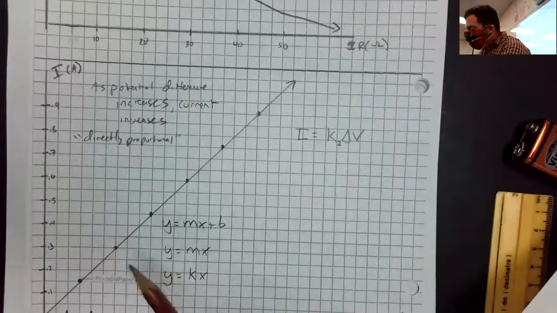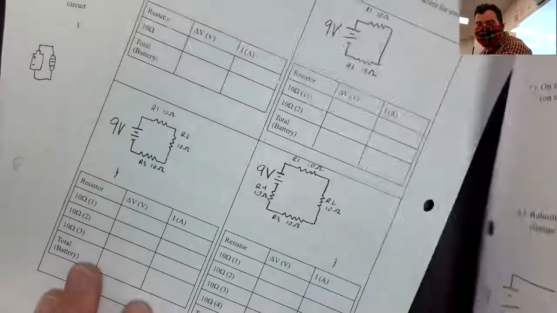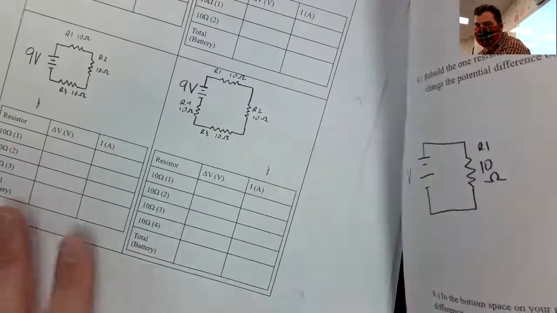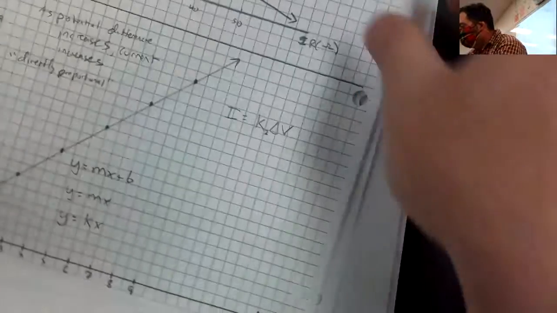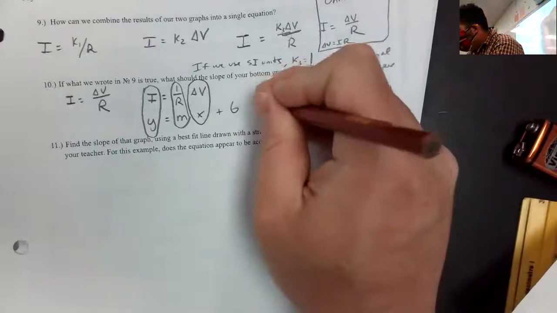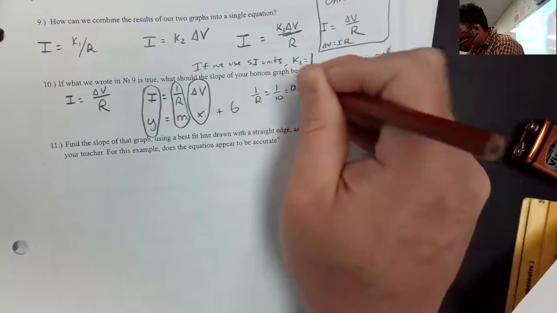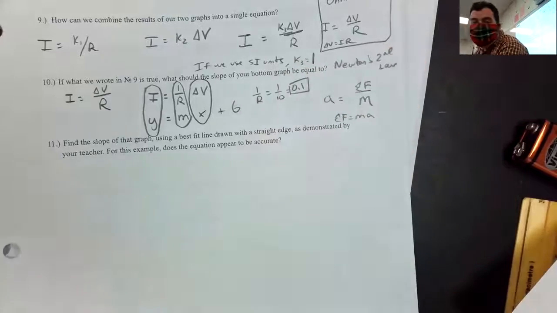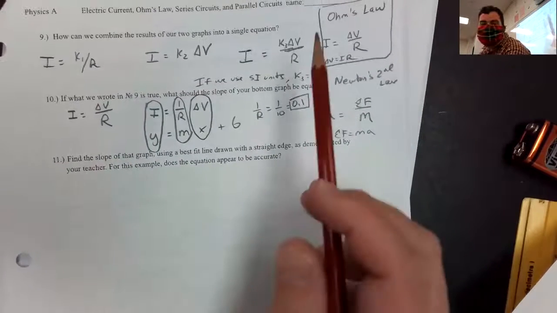So we should find this slope and see if it is 1 over the resistance. And just for the record, the resistance was 10 ohms. So if we get a 1/10 as our slope, then we should be good. So a slope of 0.1 would tell me that this equation is valid and I can ignore the constant.